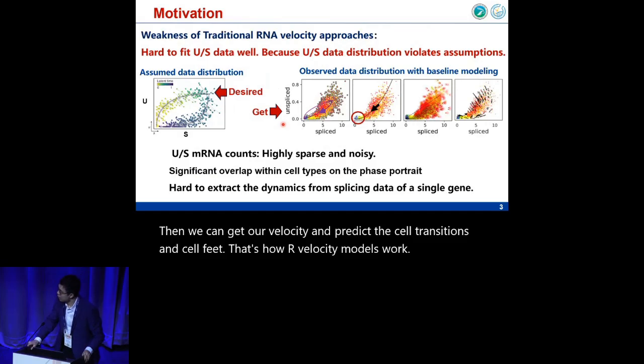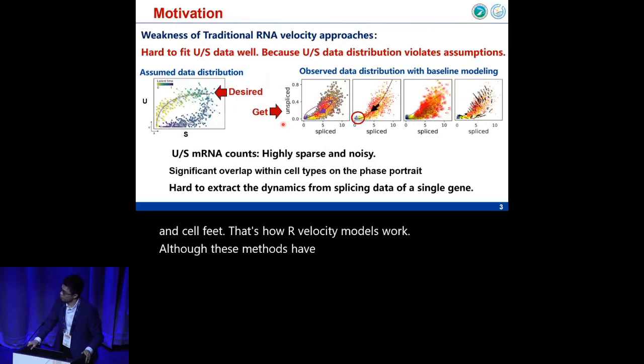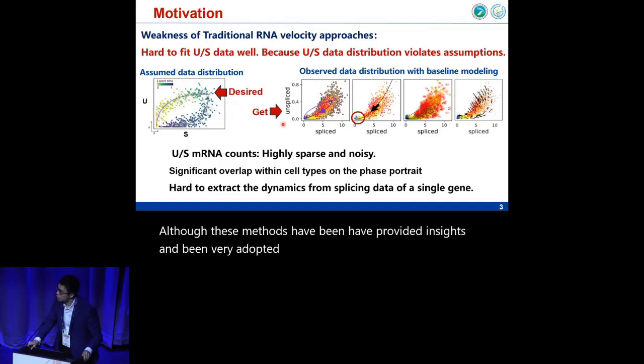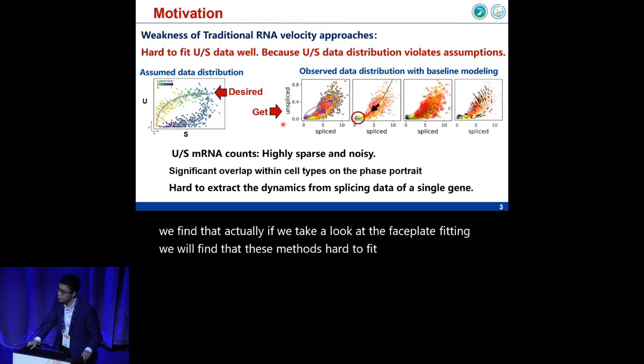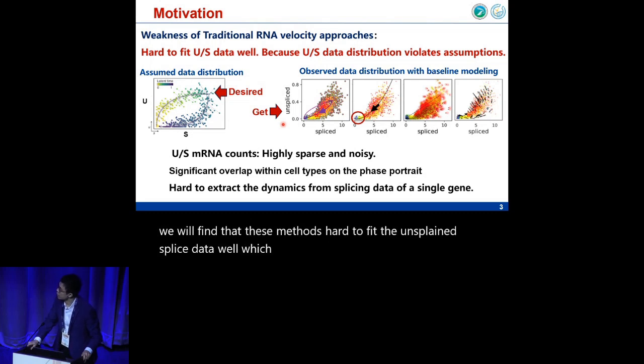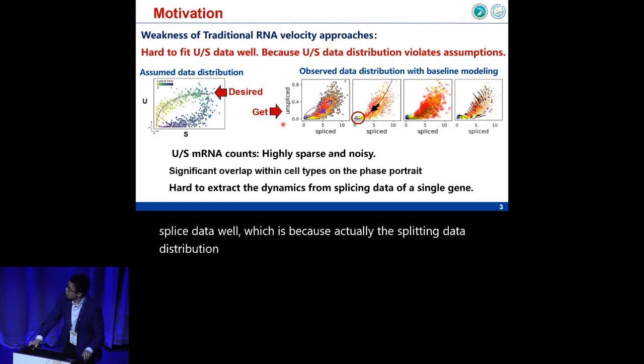Although these methods have provided insights and been widely adopted in many clinical studies, we found that if we take a look at the phase portrait fitting, these methods have a hard time fitting the unspliced and spliced data well, because the splicing data distribution violates their assumptions.